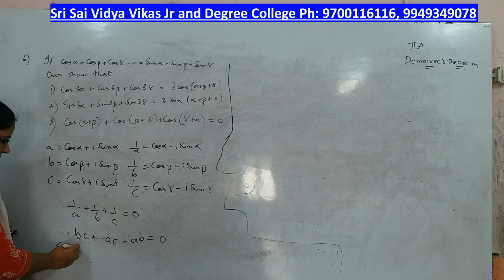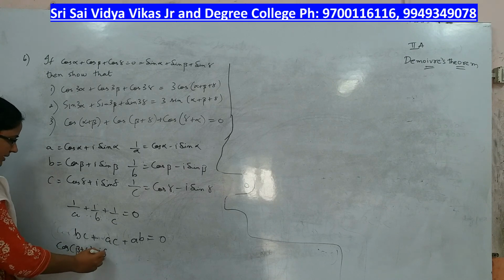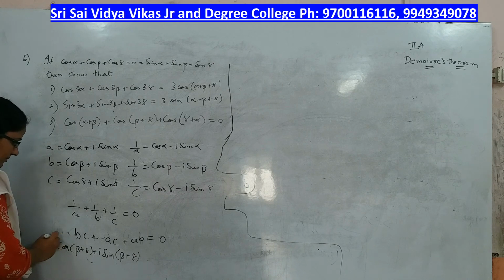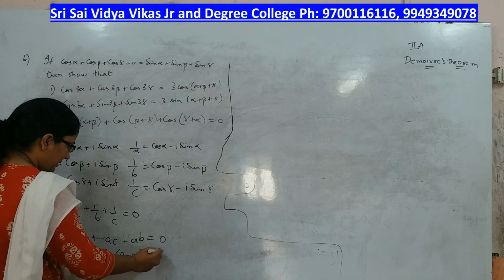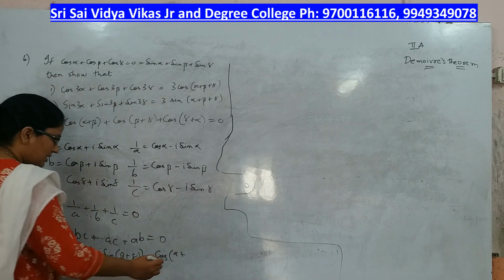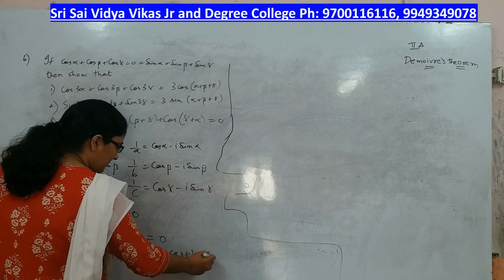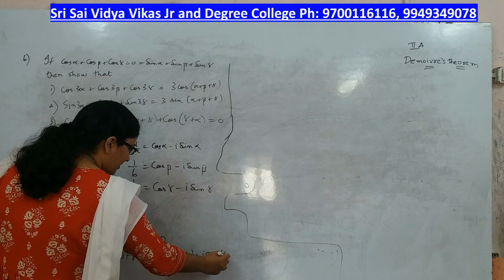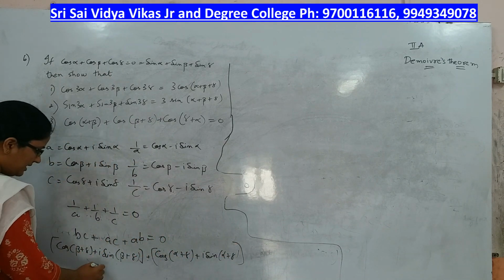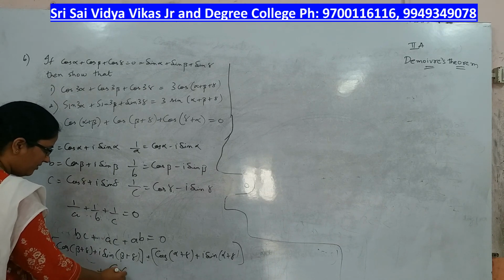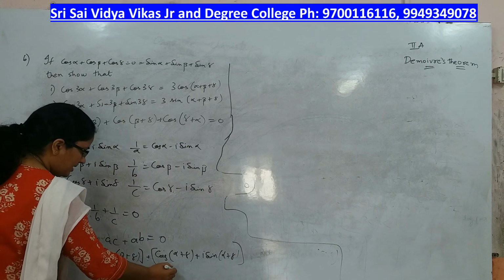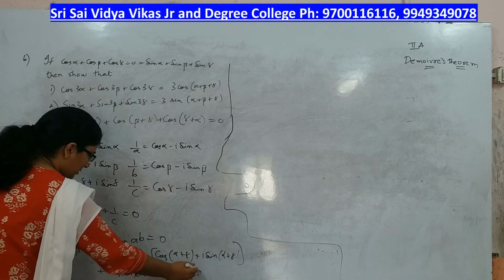Cos(β+γ) + i sin(β+γ), plus AC is cos(α+γ) + i sin(α+γ), plus AB will be cos(α+β) + i sin(α+β), that is equal to 0.